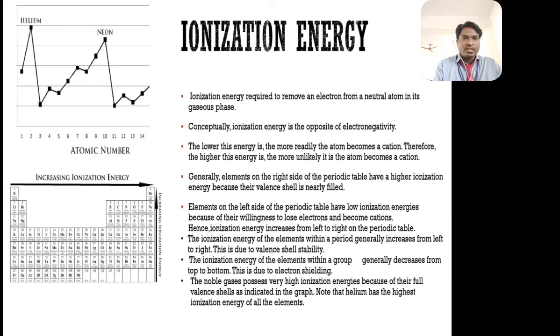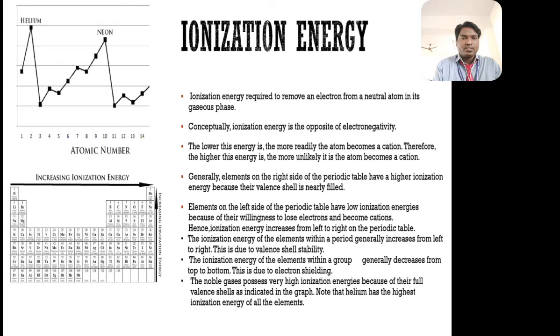The ionization energy of elements in a period generally increases from left to right due to valence shell stability. The ionization energy of elements within a group generally decreases from top to bottom. This is due to electron shielding.